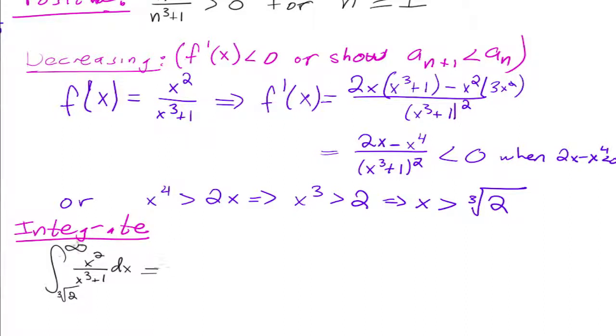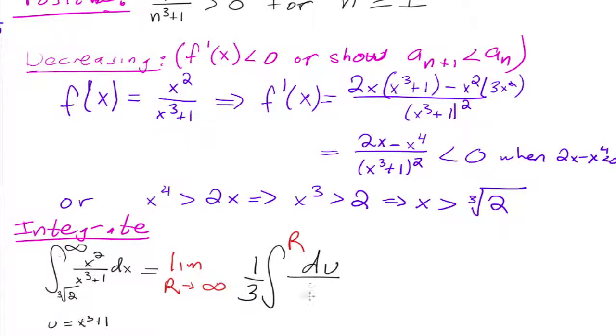So we also have to change that to a limit, right? So we have the limit as r goes to infinity of the integral, and I'm going to change this to an r. U is x cubed plus 1, so then I end up with 1/3 du over u. Does that make sense?